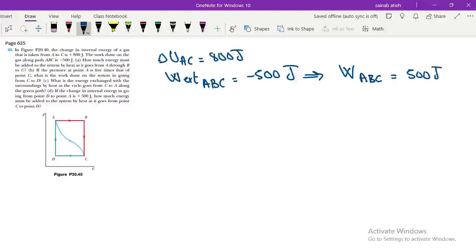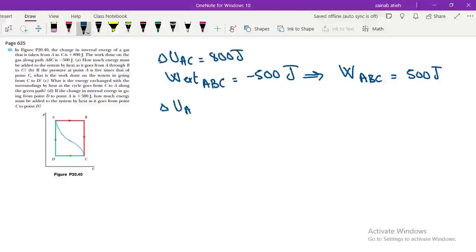How much energy must be added to the system by heat as it goes from A through B to C? So he's asking me to find Q ABC. I will simply use the first law of thermodynamics.